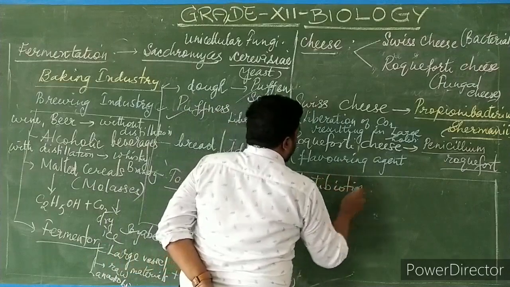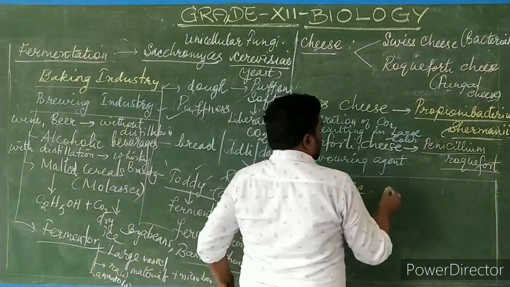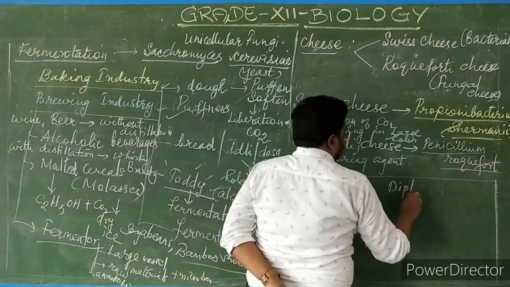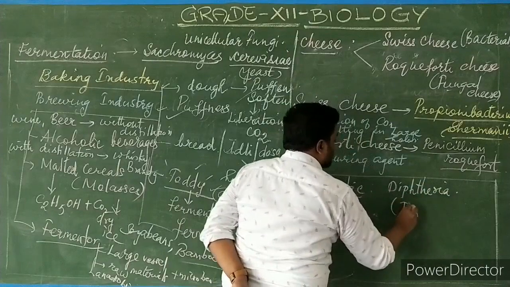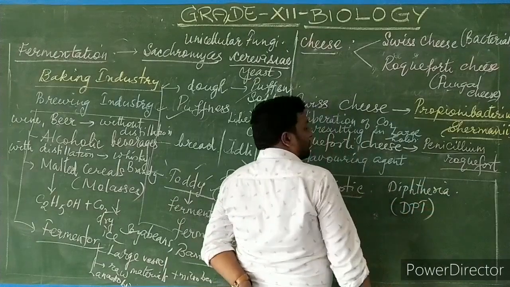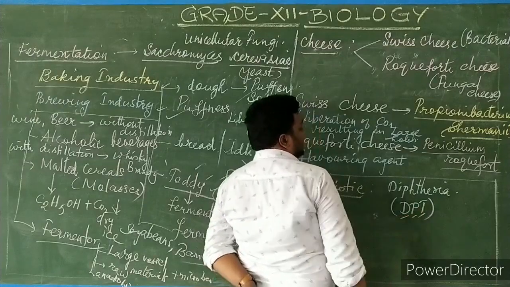These antibiotics are widely given for various diseases, bacterial disease, viral disease, for example diphtheria. For that, the DPT vaccine is given: diphtheria, pertussis, tetanus.